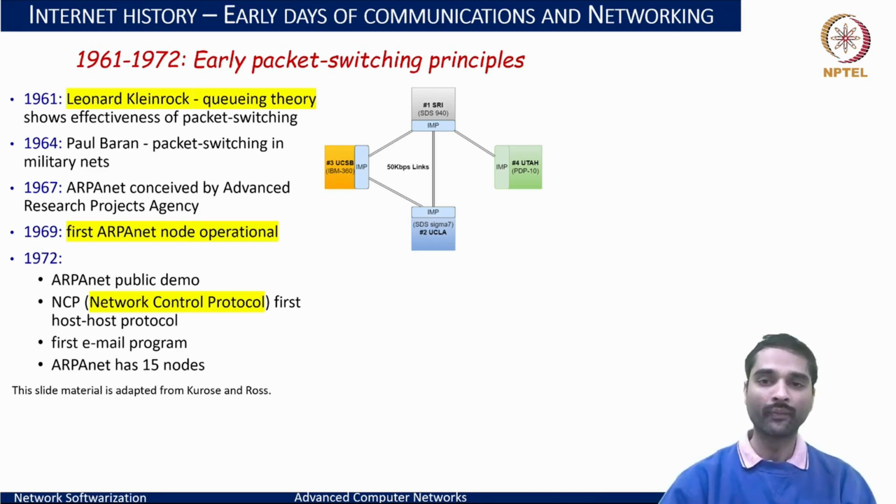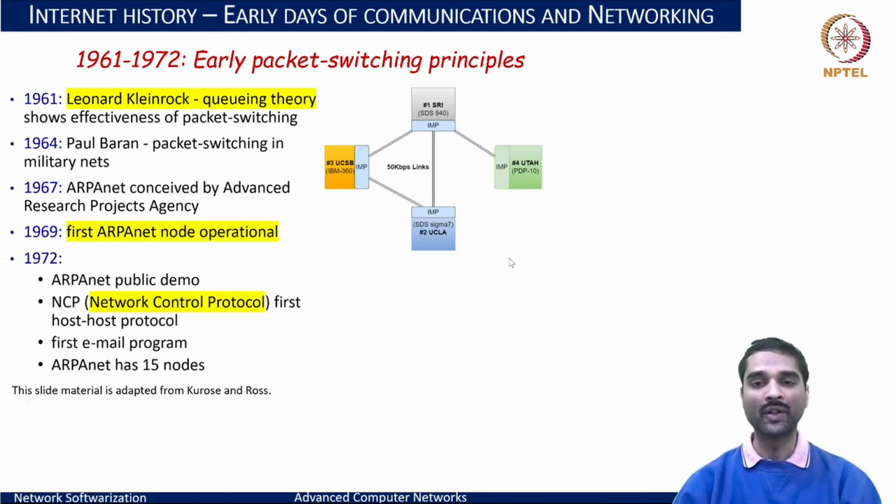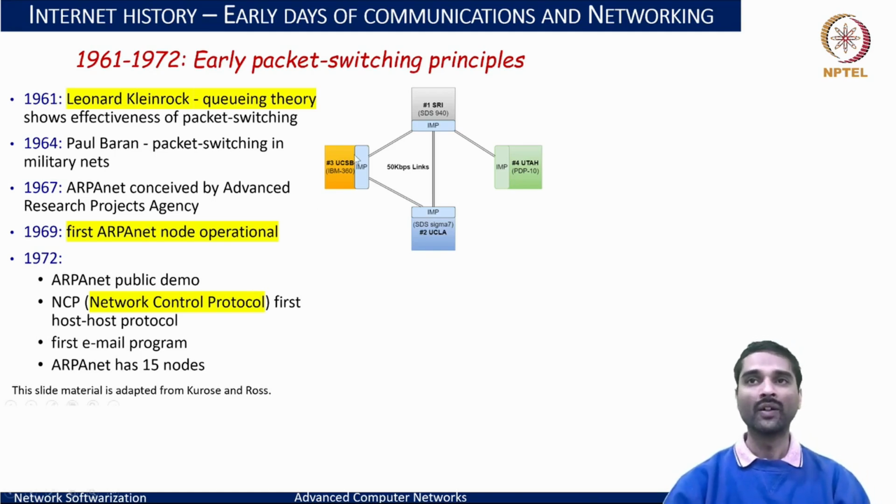And the second node was at UCLA, made of the SDS Sigma 7 mainframe system, which was a 32-bit device. And the third node was located at UC Santa Barbara, and it ran the IBM System 360/75 mainframe. And this was a 32-bit machine.